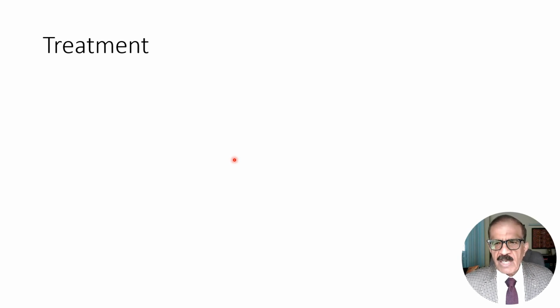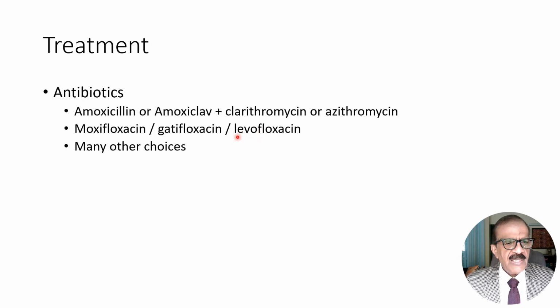And what antibiotic, that would be based on your empirical judgment, and later on optimized by the blood culture and the sputum culture. So I think for antibiotics, you could use any of the three.